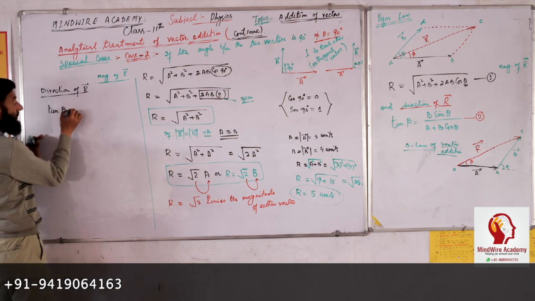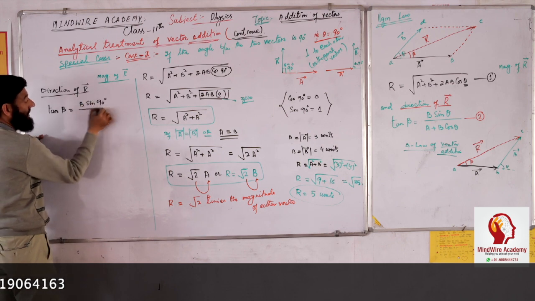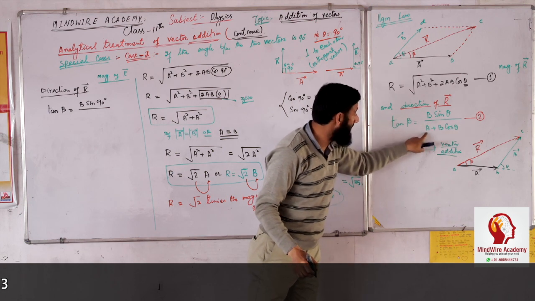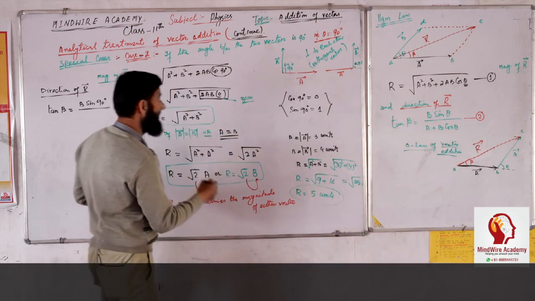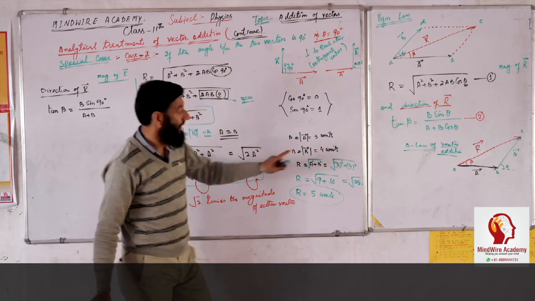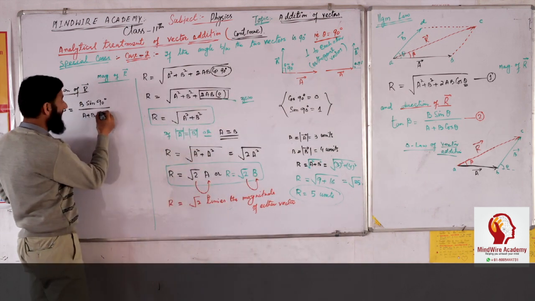So tan beta equal to b sin 90 degree divided by a plus b cos 90 degree, taking 90 degree in place of theta.